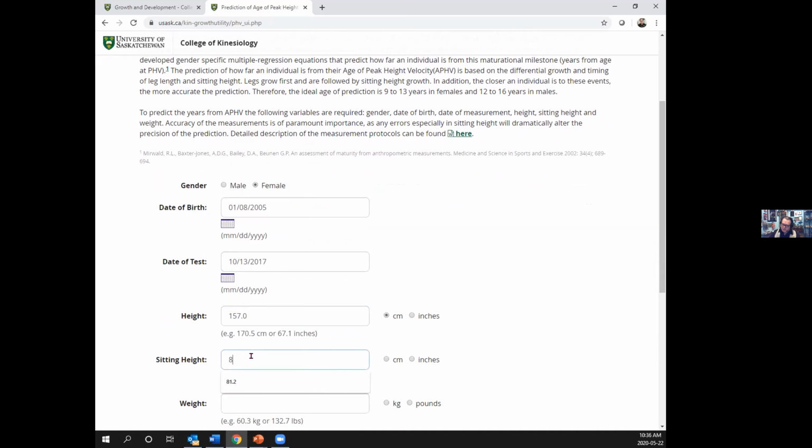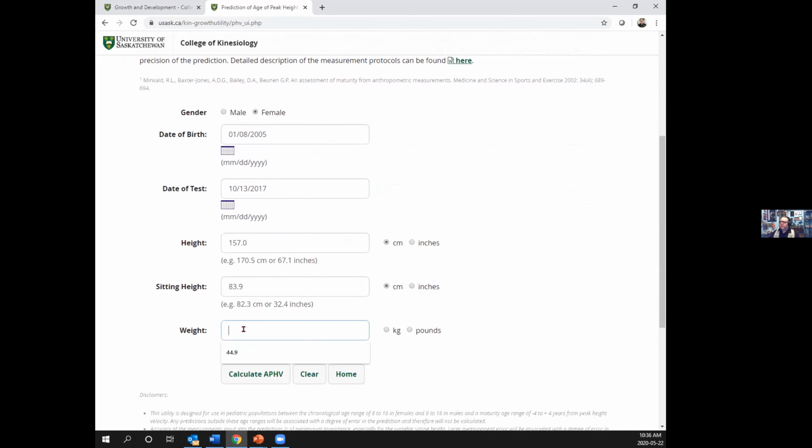She had a sitting height of 83.9 centimeters and a weight of 42 kilograms.